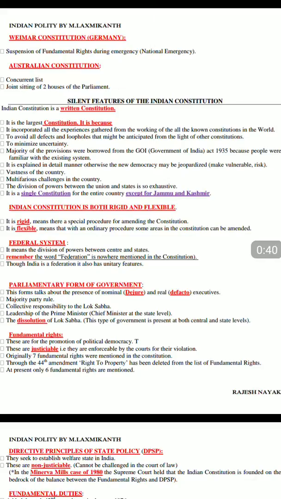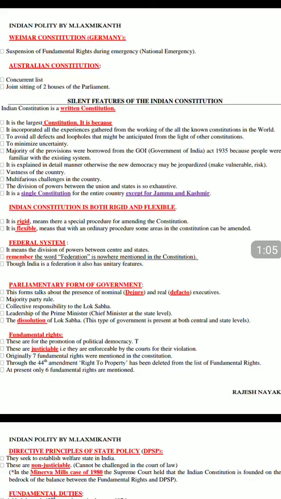It has incorporated all the experiences gathered from the working of the constitutions in the world, and avoids all defects and loopholes that might be anticipated in the light of other constitutions. So the Indian Constitution is a mixture of different types of constitutions.